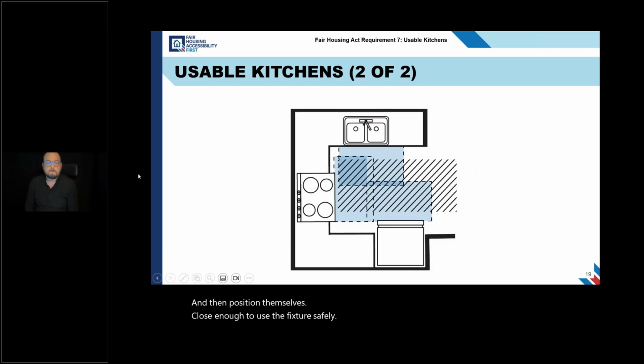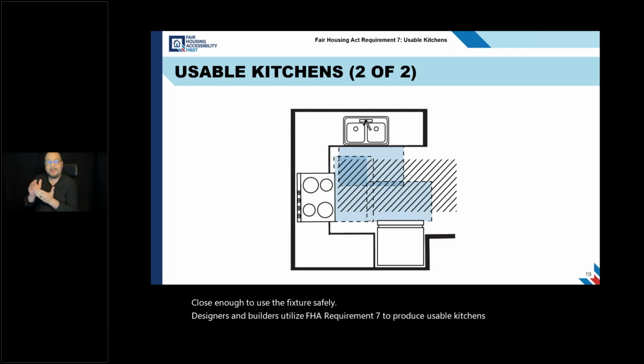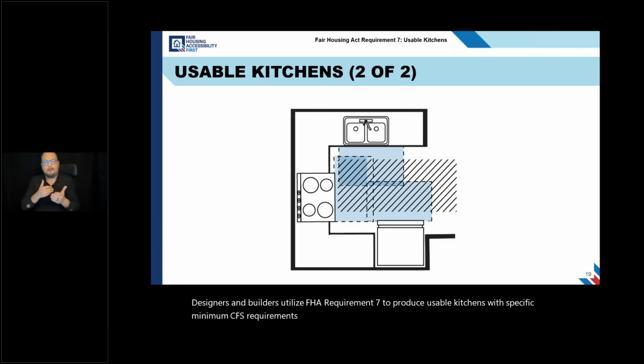Designers and builders utilize FHA Requirement 7 to produce usable kitchens with specific minimum CFS requirements for fixtures and appliances, minimum clearance measurements between counters, and additional specifications for U-shaped kitchens.